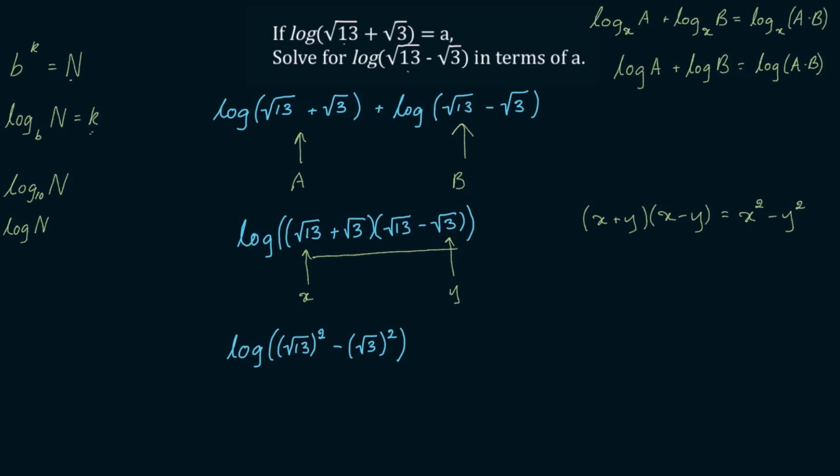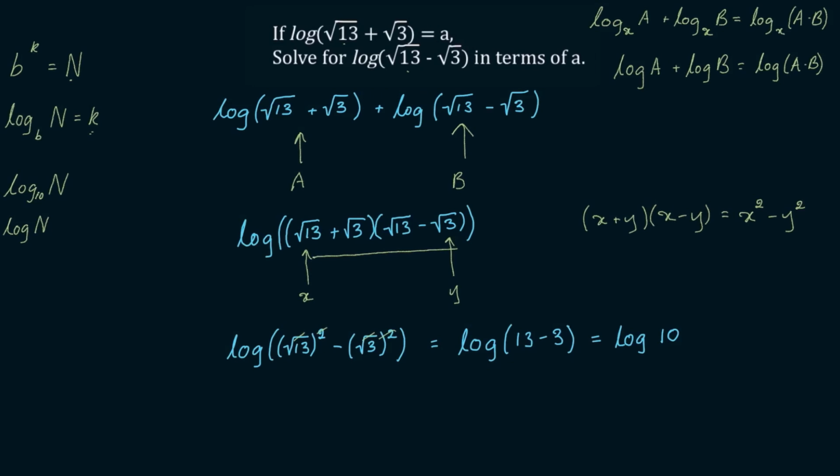Now what you might notice is that we're taking the square root of something and then squaring it. So those two just cancel out. So this simplifies to the log of 13 minus 3, which is just equal to the log of 10.